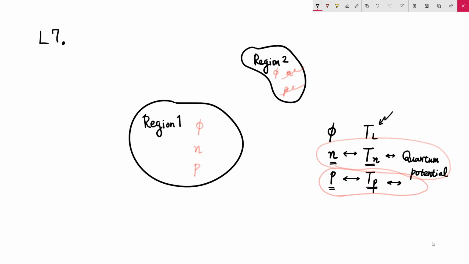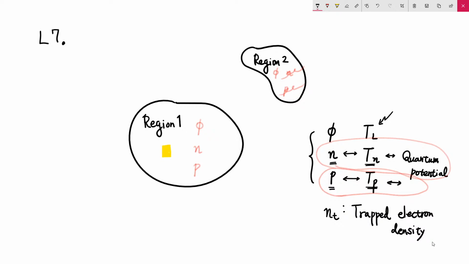At the end of lecture 6, we introduced an even more advanced example like n sub t, the trapped electron density. Even in a semiconductor region, this n_t can have meaning only for specific localized points.